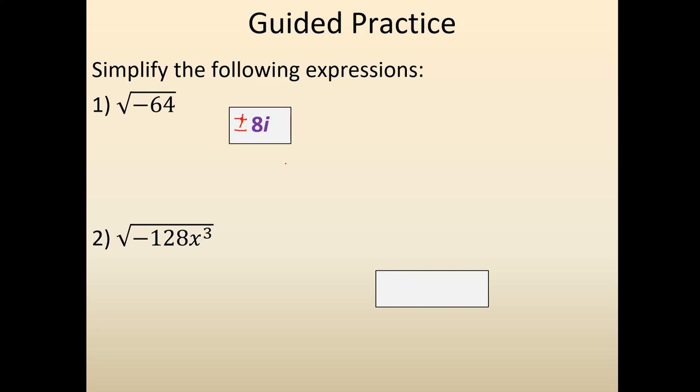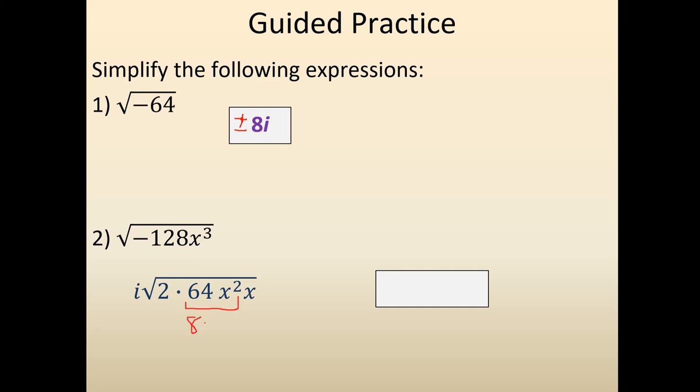All right, for the next one, we do something similar. 128 isn't a perfect square. It can be broken up into 2 times 64. Once again, we take the negative out of the square root by putting an i. And then x cubed is not a perfect square, so we separate it as x squared times x. 64 and x squared are perfect squares.